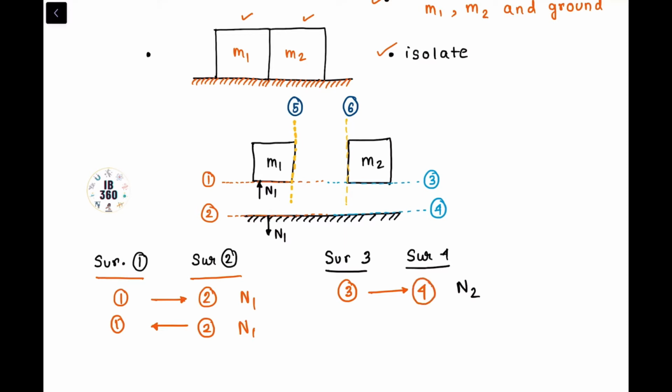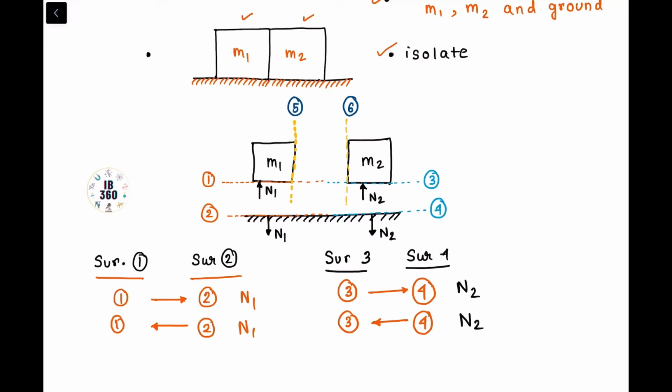By Newton's third law of motion, surface 4 will also give a force towards surface 3 in the opposite direction, because every force has an equal and opposite reaction. So this will be our N2 in the downward direction produced by 3 on 4, and this will be also N2 produced by 4 on 3.